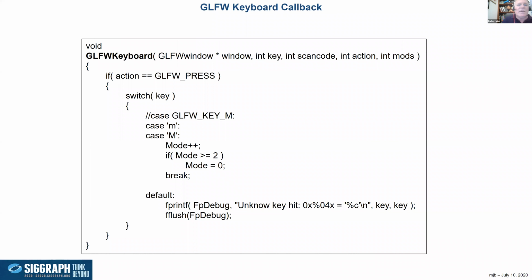All right, here's what the keyboard function looks like. This looks like the keyboard callback you would have done in Vulkan or in OpenGL if you were using GLUT, say. So if a key has gone down, we just do a switch on the key. If it's M, we're going to change what mode we're in, and so on. So yeah, this should look familiar.